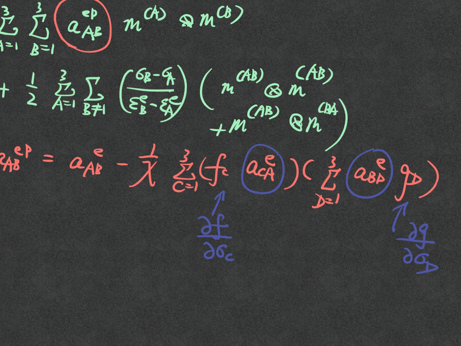Okay, so what should we do next? We have all those ingredients. In order to compute it, what we want to do is write the return mapping algorithm, right? Okay, so how do we do it?